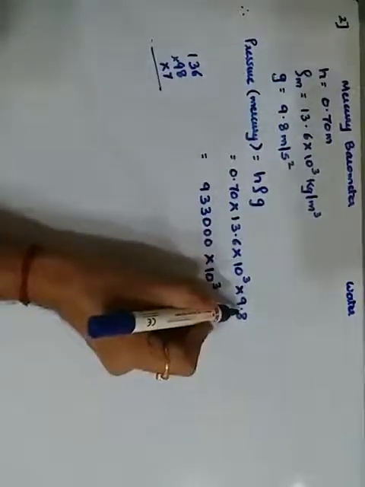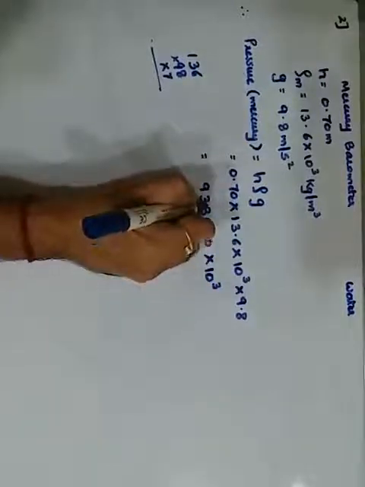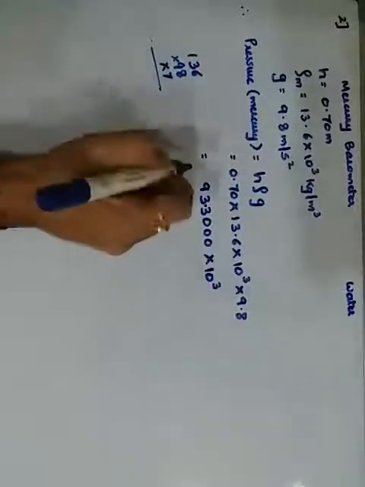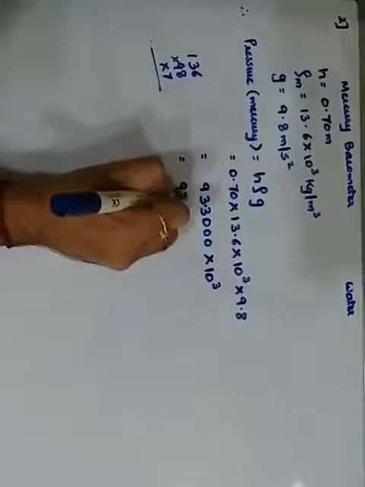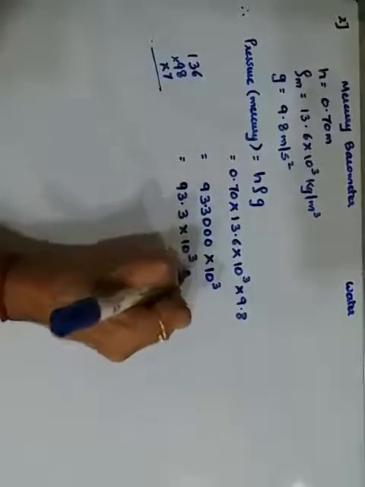But here the decimal is after 4 places, so the point will come here, and therefore your answer is 93.3 into 10 raised to 3 Pascal.